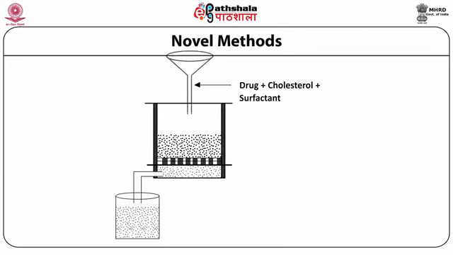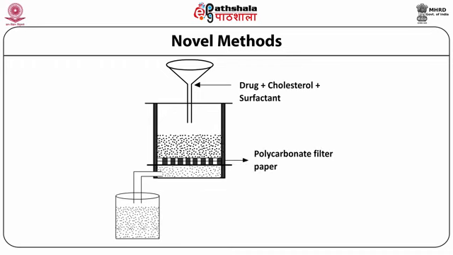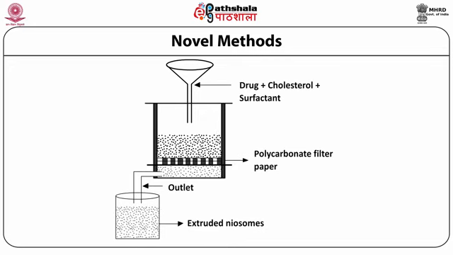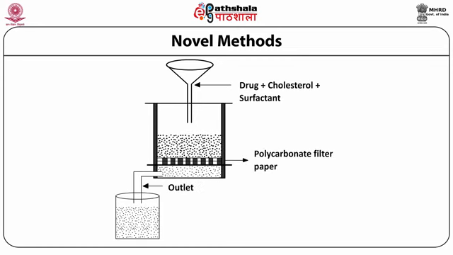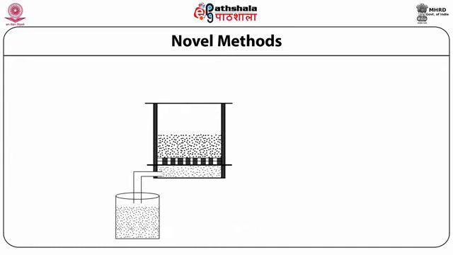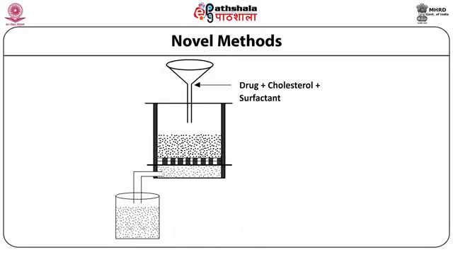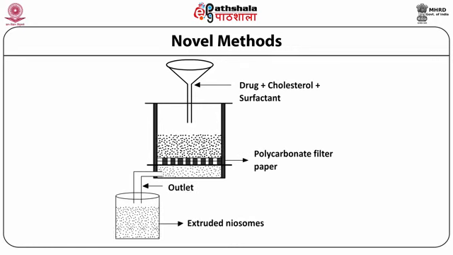As you see in this slide, the preparation of neosome is depicted. Here, in a funnel, we allow the mixture of drug, cholesterol and surfactant to pass through so that it is available in a beaker having a polycarbonate membrane at the bottom. This membrane has a small pore size, usually in the nanometer range.